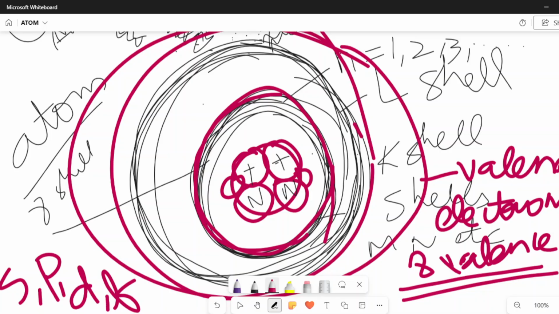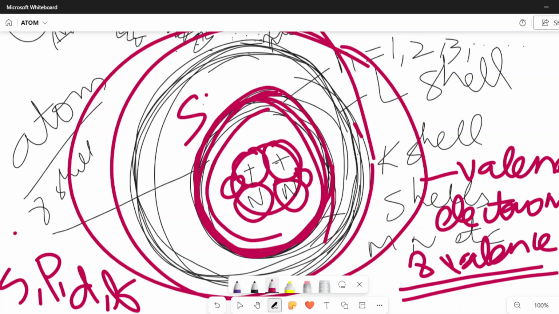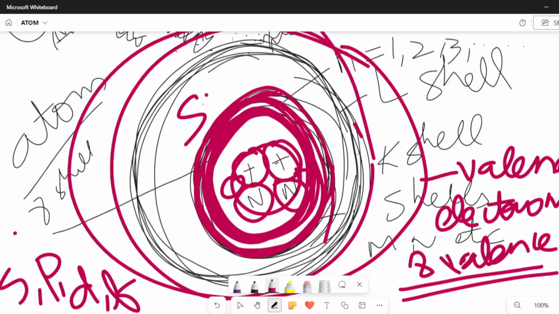If you take the first shell, we have only one subshell, S, which is in the form of a sphere. Within this sphere-shaped part, the electrons are present, the electron waves.